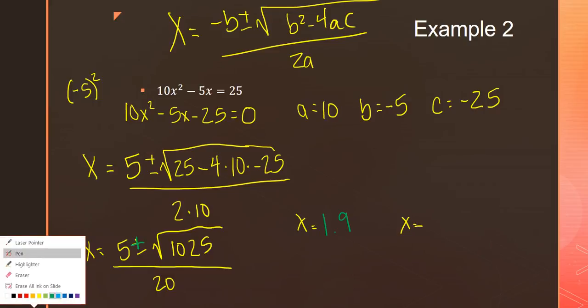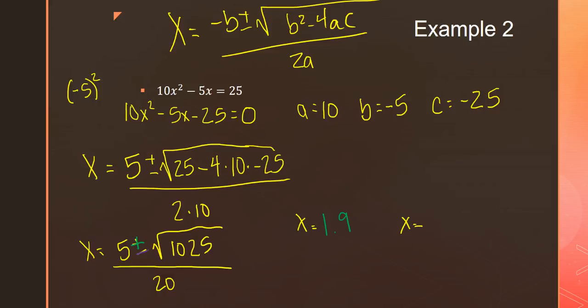Then I also need to do 5 minus the square root of 1025. Keep that answer in your calculator. I got about negative 27 and divide it by 20. And I got negative 1.4 when I rounded to the nearest tenth.